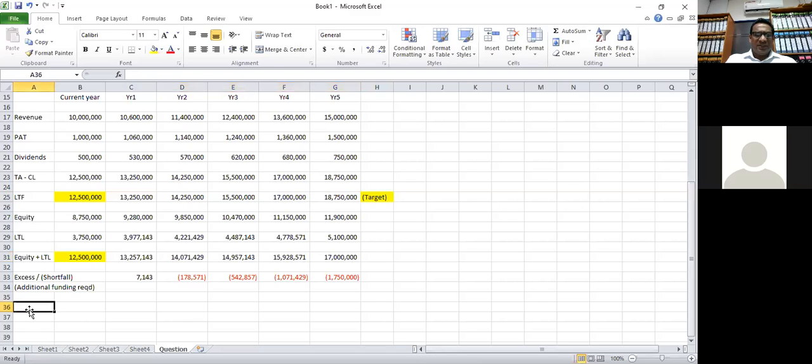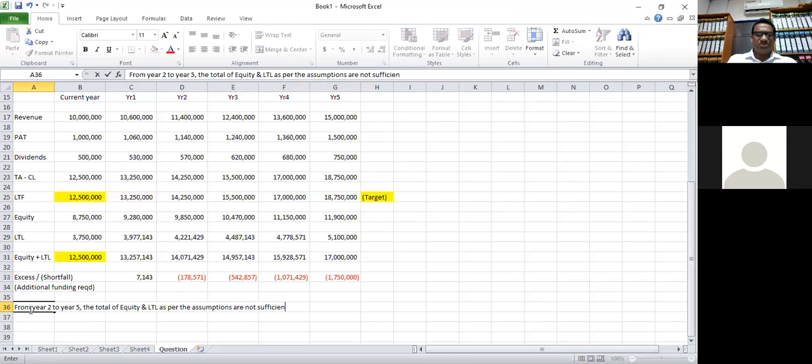In other words, from year 2 to year 5, the total of equity and long-term liabilities as per the assumptions is not sufficient to meet the target capital structure.